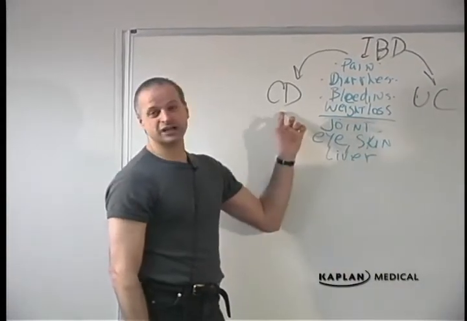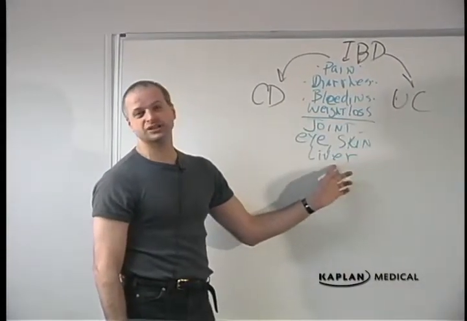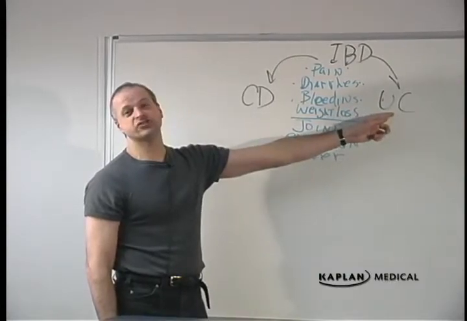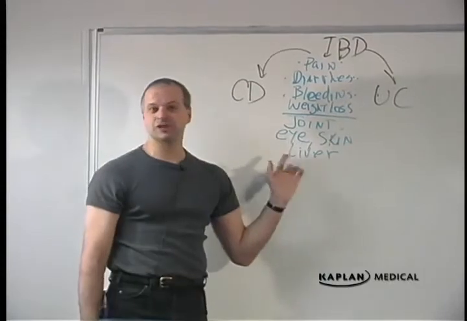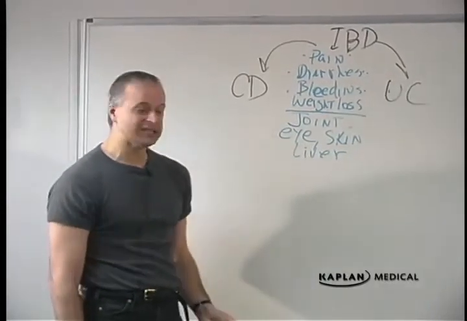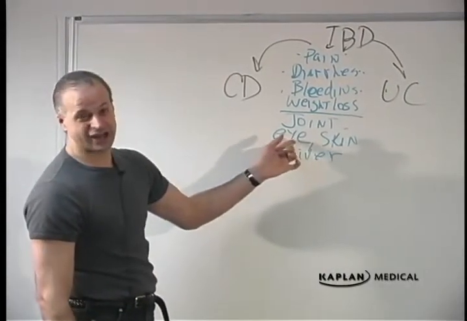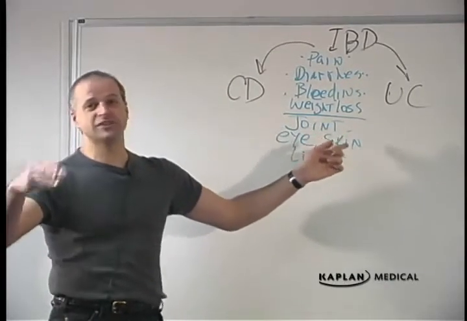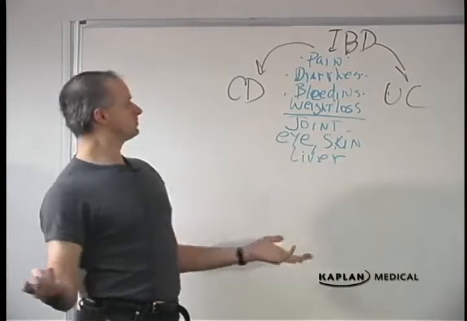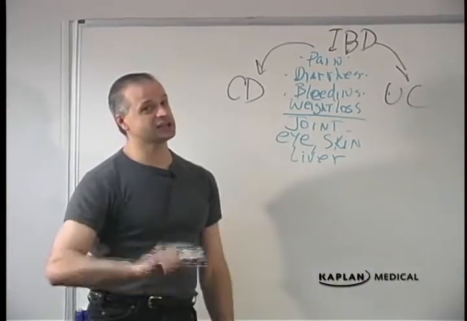If you have colonic Crohn's, you're going to get sclerosing cholangitis. The extra-intestinal manifestations are going to be identical: uveitis, iritis, pyoderma gangrenosum, erythema nodosum. That's a lot in common.